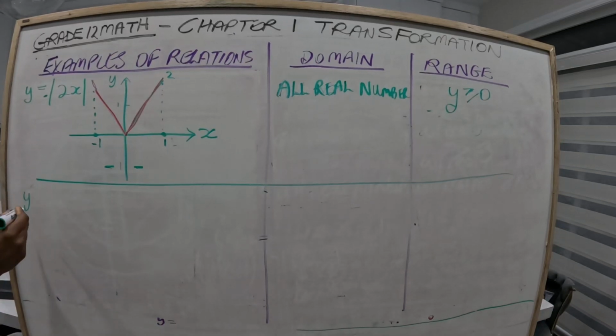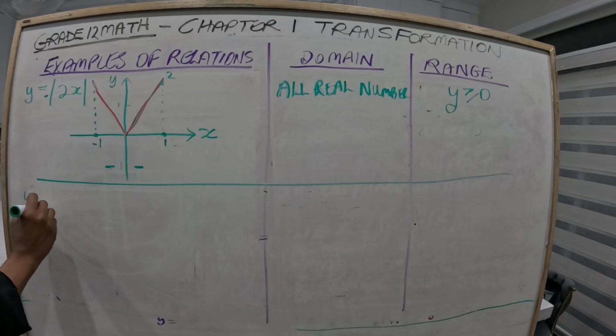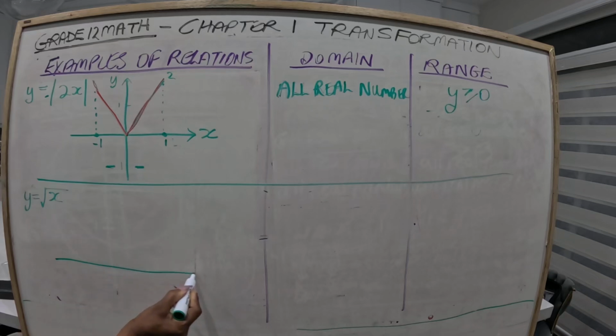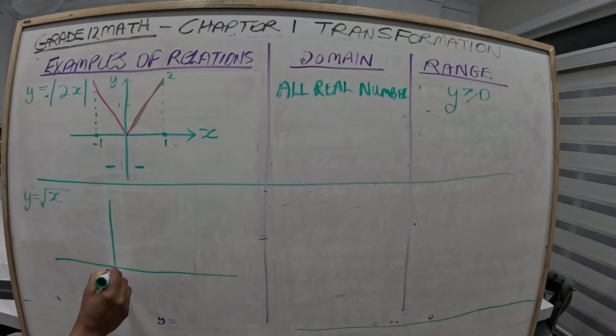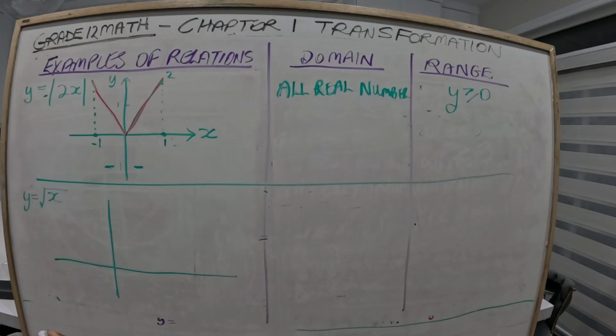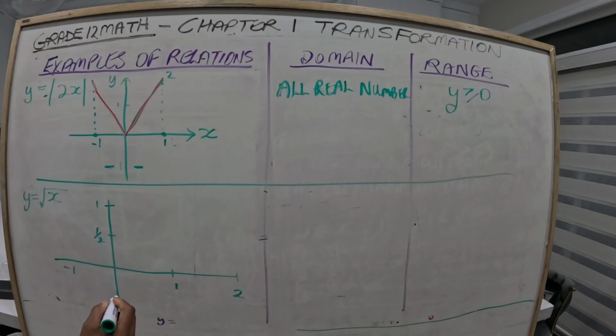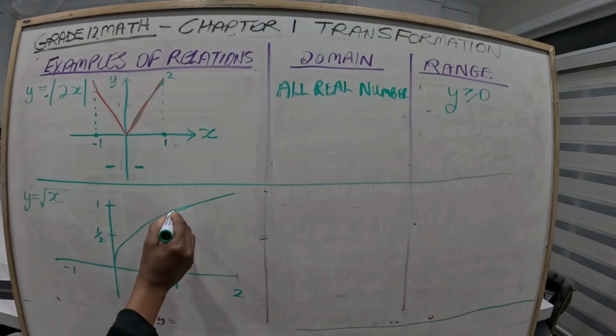The next graph, which is the last one we're going to be doing, is y equals the square root of x. So this is like a rough graph.